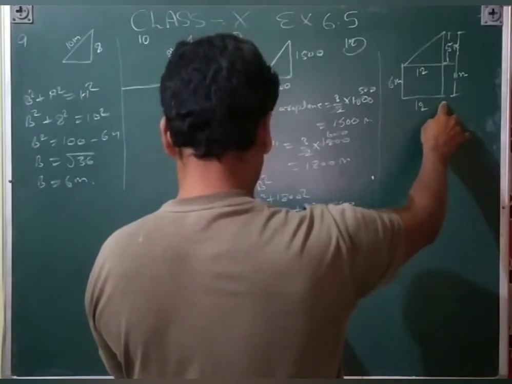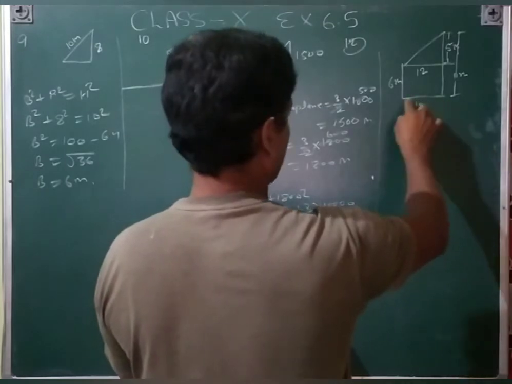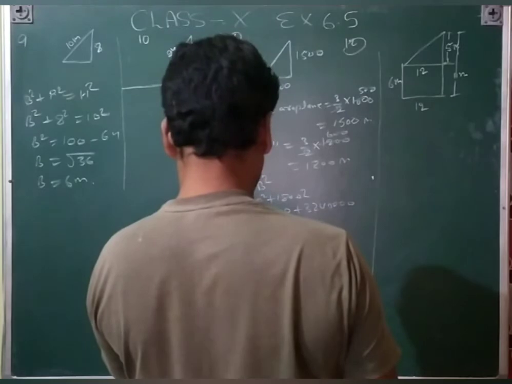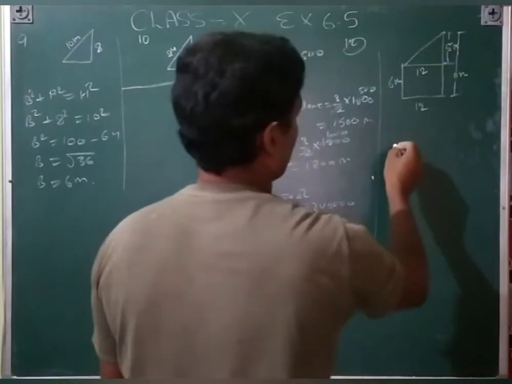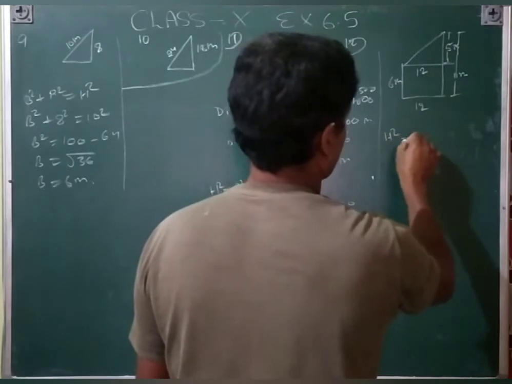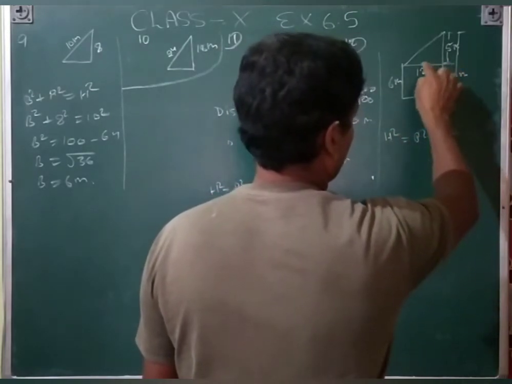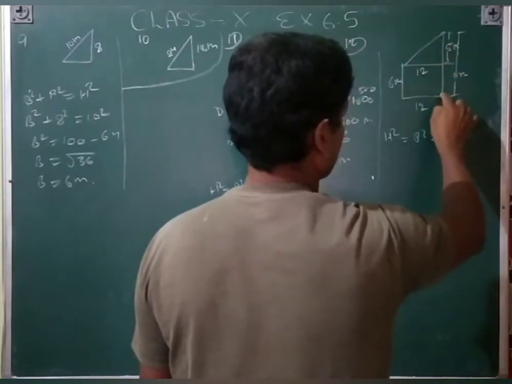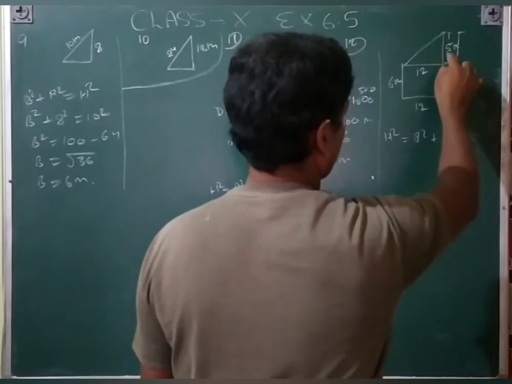If the distance between the feet of the poles is 12 meter, find the distance between their tops. Here also h square is equal to p square plus b square. We are working on this triangle, so this is 5 meter because this is 6 and the total is 11, so 11 less 6 is 5.